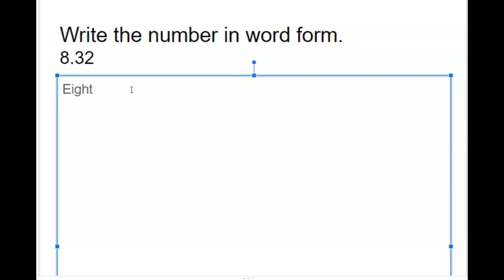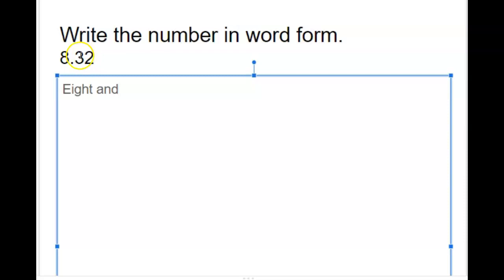And remember that to indicate the decimal point, you don't say 8 point, you say 8 and. So the and means that there's a decimal point. 8 and, now you will say the whole digit and you will use the place value of the last number.